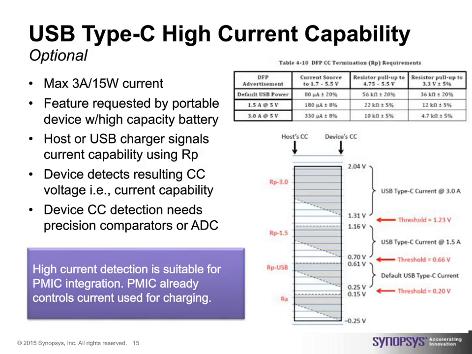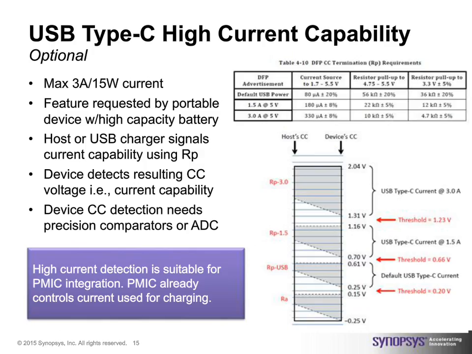The host or USB charger signals using different values of the pull-up resistors what the current capability is, and the device detects what voltage you get compared to just detecting that there is a pull-up. The implementation becomes a bit more difficult because it's no longer just a digital detection.